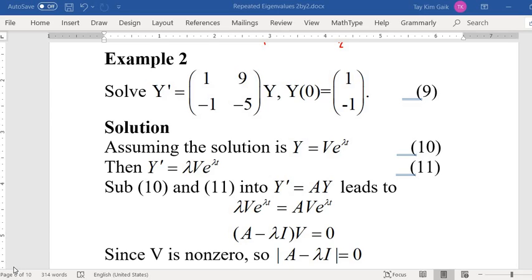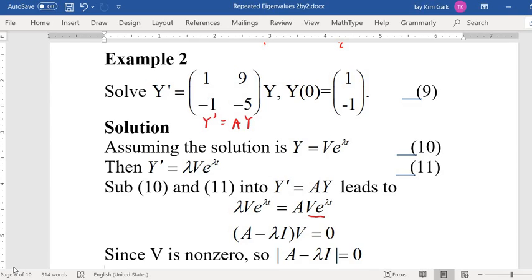As we have learned in the previous example, we assume the solution y is equal to eigenvector v times e to the lambda t. Then the system y prime equals A y. So y is substituted by v e to the lambda t.